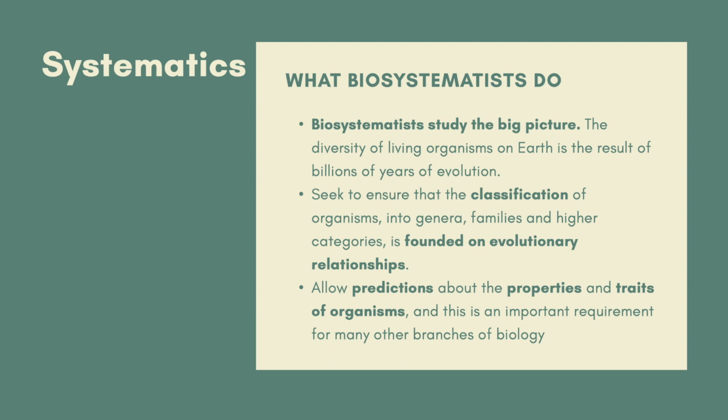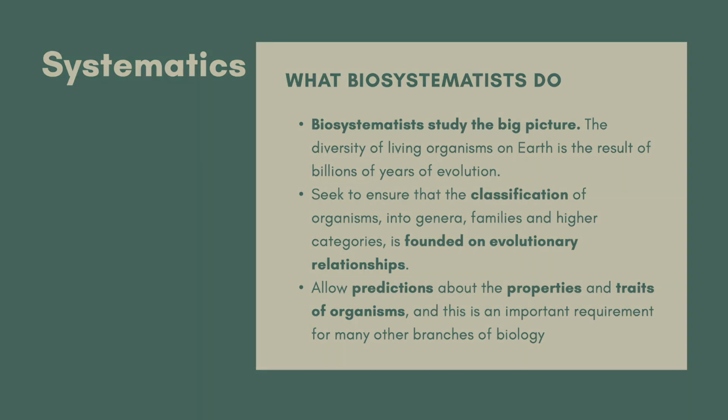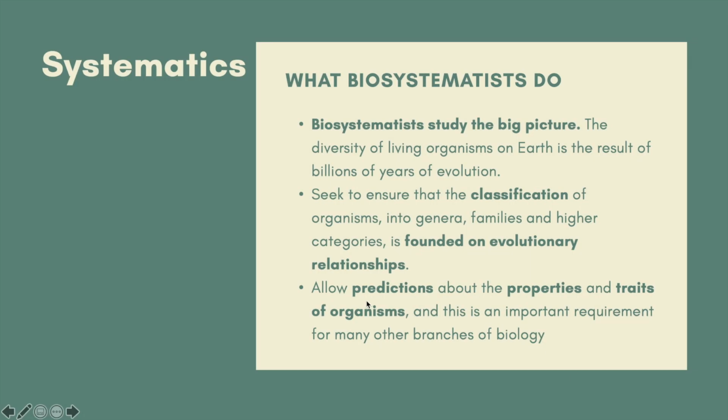That's a perfect one. But all of these are not perfect. Even our eyes are not perfect, because evolution tends to create these variations and these different apparatus. So yeah, we can make predictions about the properties and traits of organisms.